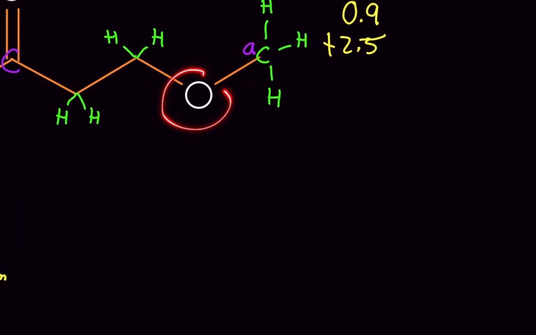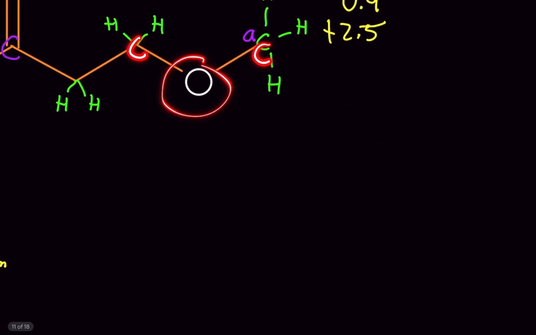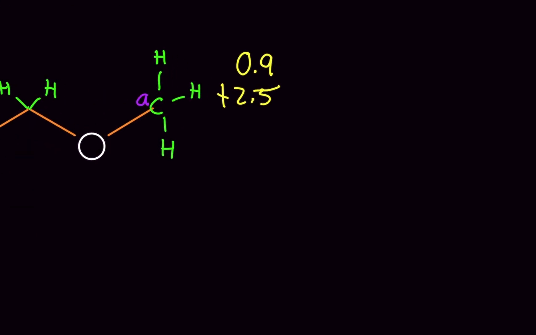This is an ether group because you have a carbon here and a carbon here. So this is an ether group. 3.4. Sweet.